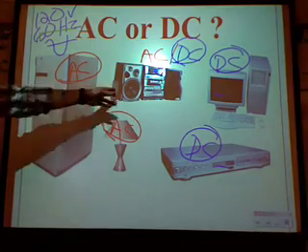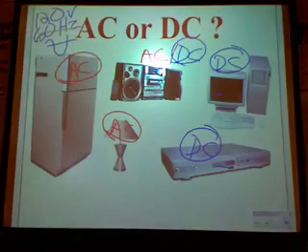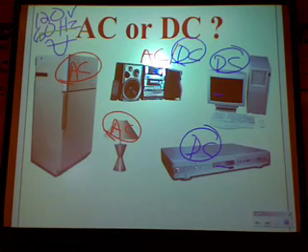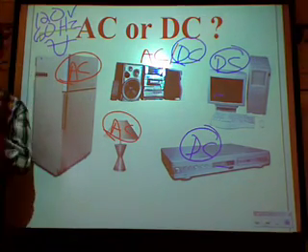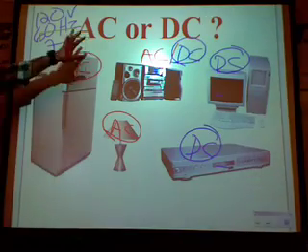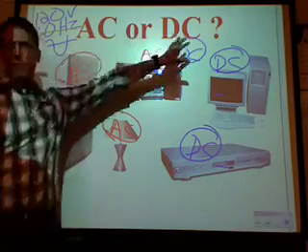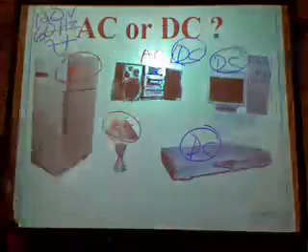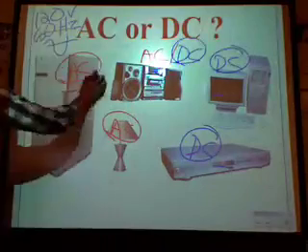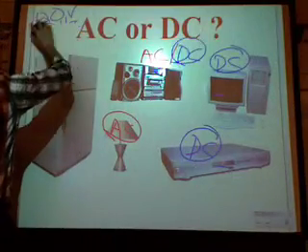Well, thank goodness we don't have to power all this stuff off of batteries. Okay? What we do is we make a couple of changes. Not only can we change from AC to DC, so that we can plug these things into an outlet, but we also have to change the voltage.